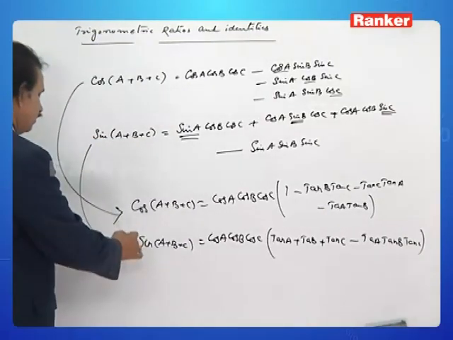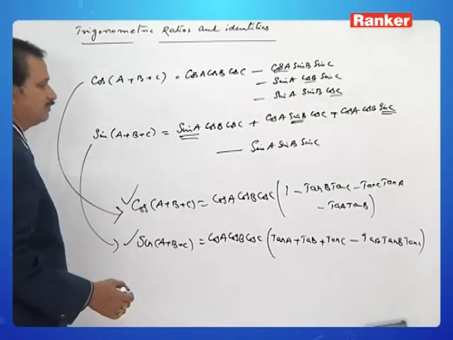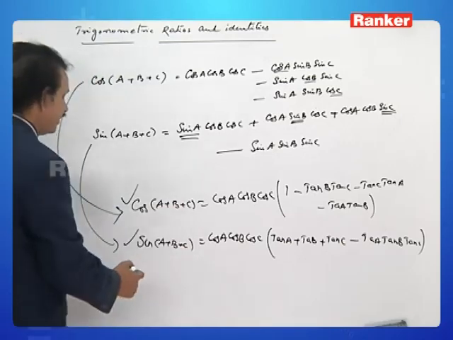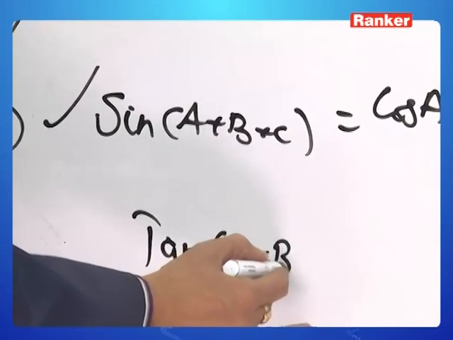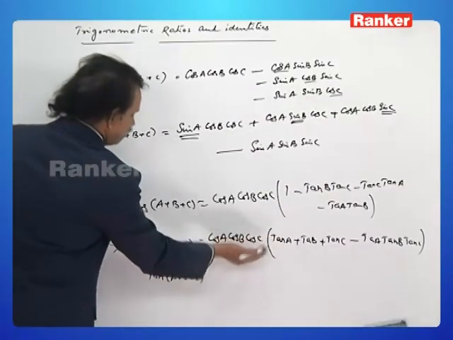Well, my dear, you have both sin of A plus B plus C and cos of A plus B plus C at your disposal. You can have tan of A plus B plus C from here itself. This by this.